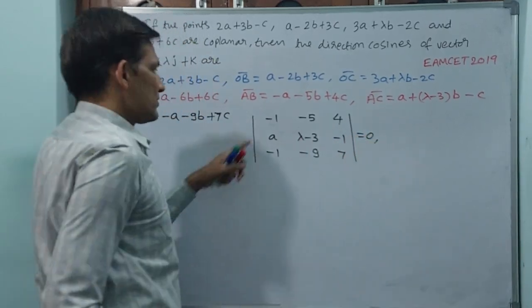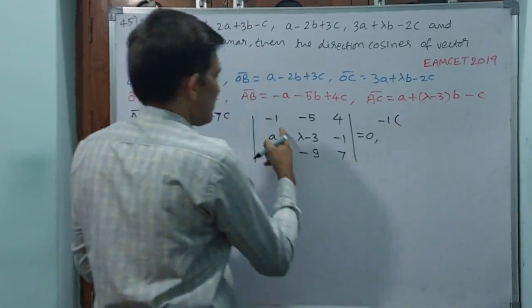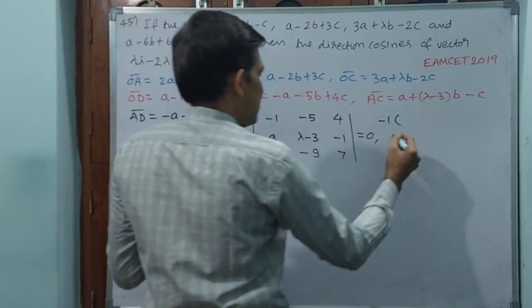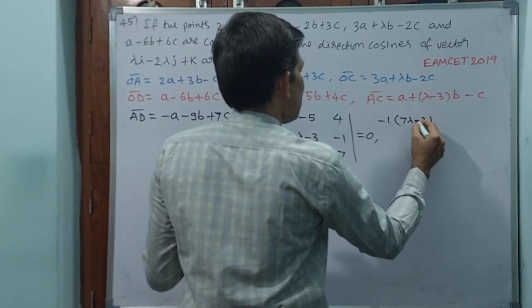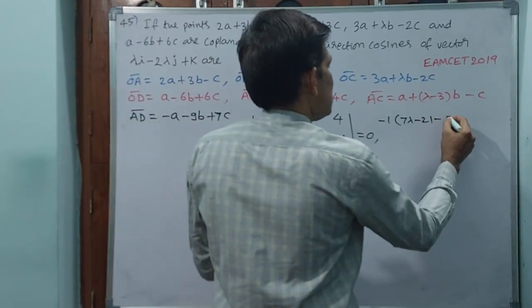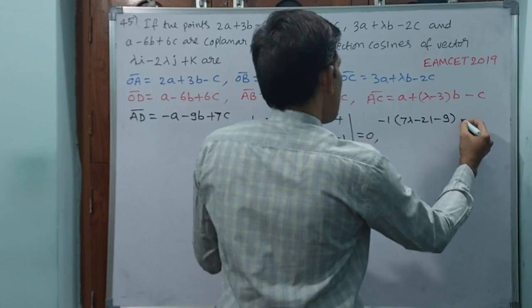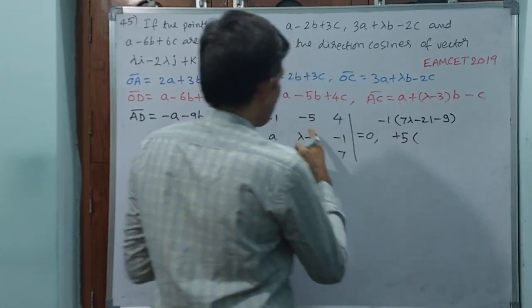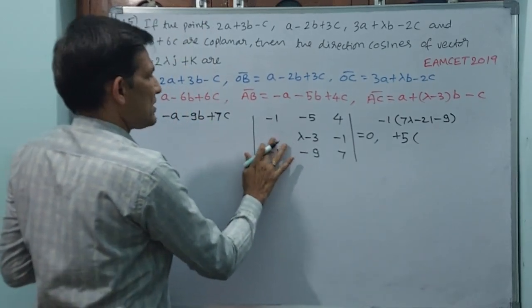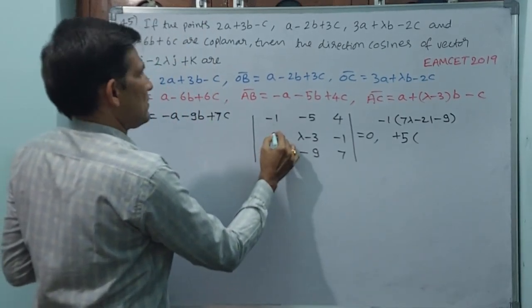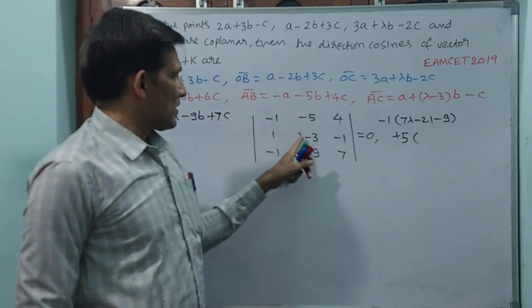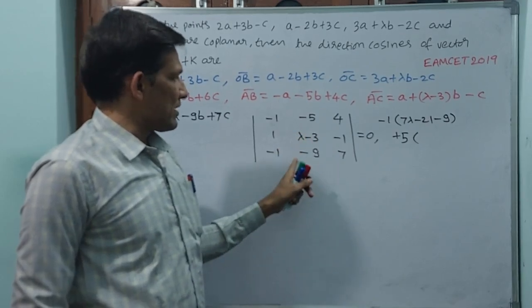See, minus 1 times, 7 lambda minus 21 minus 9. Here we should not write 7, we have to write 1. Yes, 7 lambda minus 21 minus 9.